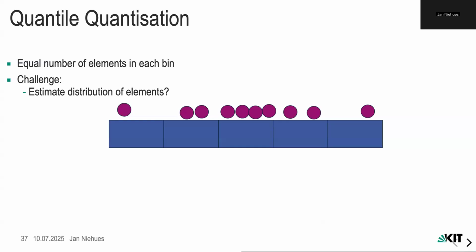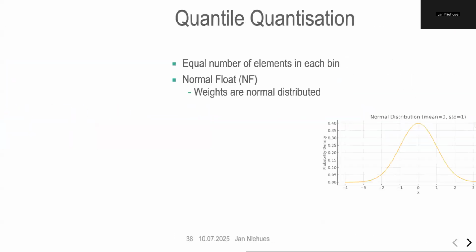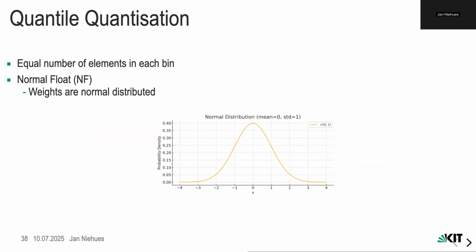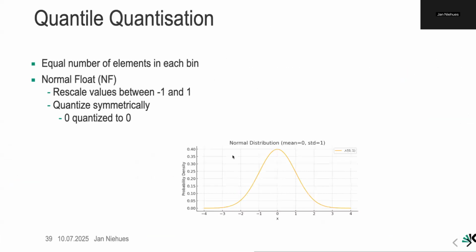Any suggestion? I think I heard it already. I mean, normal distribution is typically good. So you can assume your weights are somewhat normally distributed, and then you can, based on the normal distribution, store your floats so that, again of course, you quantize 0 to 0.